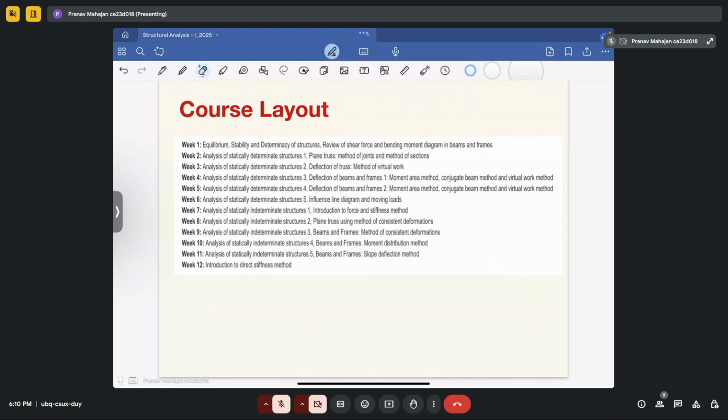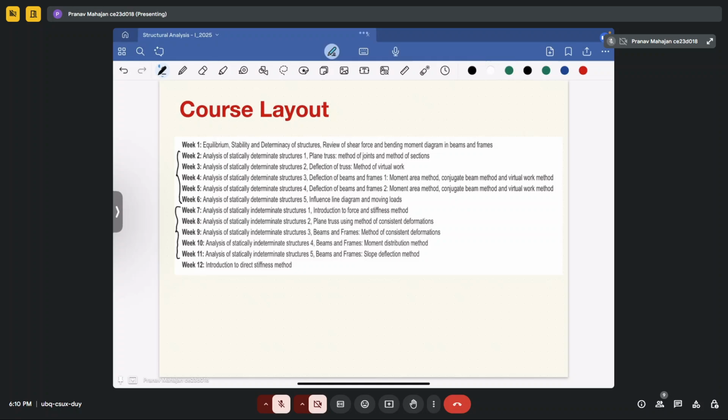After that, in the next 4 weeks, from week 2 to week 6, you will be solving different problems related to statically determinate structures, and from week 7 till week 11, you will be solving problems related to statically indeterminate structures. Talking about statically determinate structures, you have truss, beams, and frames.